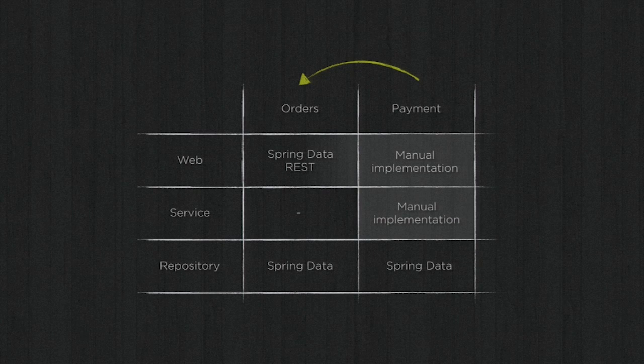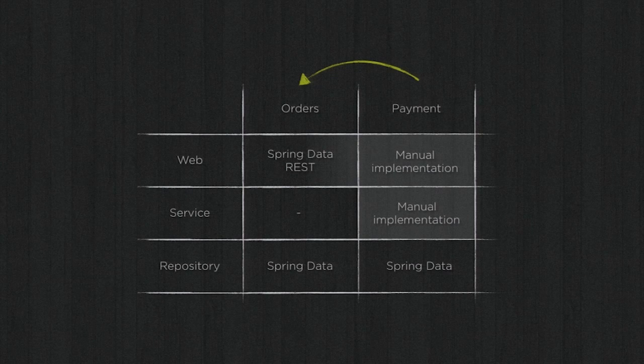And the more important reason to separate the stuff is that the payment process is essentially the process that we've modeled before, right? So it requires a lot of manual implementation, whereas the order stuff can almost completely be implemented, in quotation marks, because there's nothing really to implement by using Spring Data REST and Spring Data, and I'll show you that.